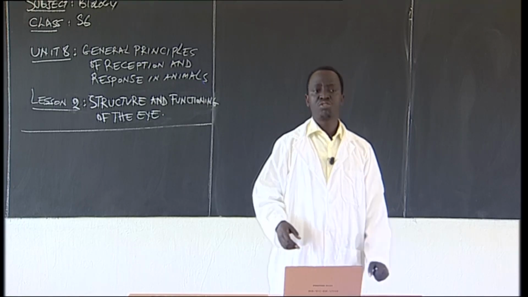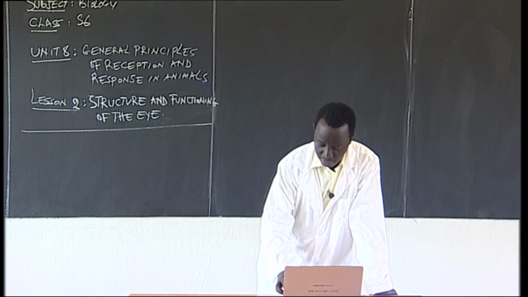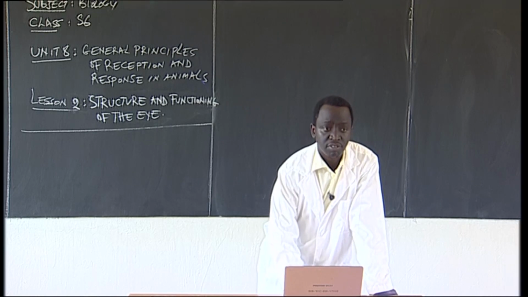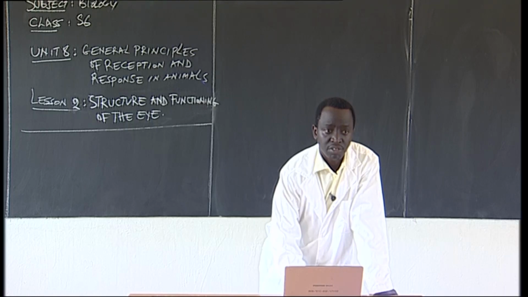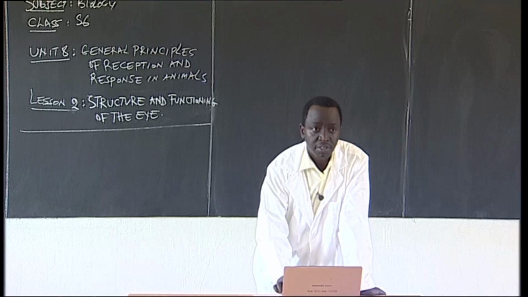That change is ensured by what you call the ciliary body. They are here. Those are the ciliary muscles. They contract and relax to change the shape when you want to look at objects that are near or distant.